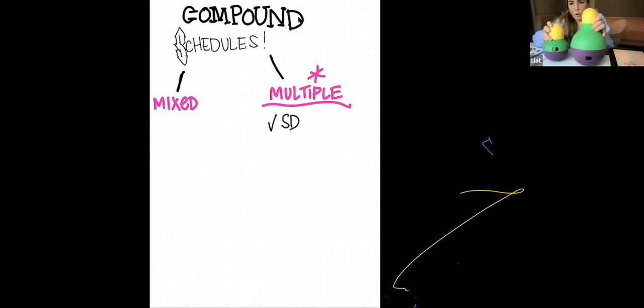If you guys could see the holes in them, this one I have on a thinner schedule of reinforcement, meaning the doors close a little more. It's going to take more to get the pebbles out. This one, they're going to come out easier, right? So a multiple schedule is two schedules that are not happening at the same time. All right.